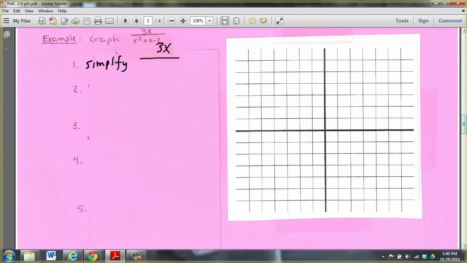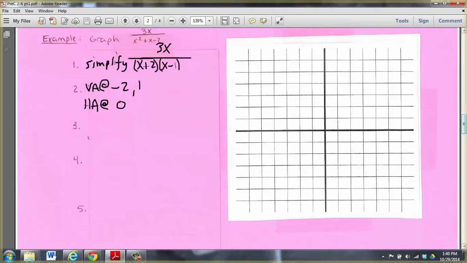The denominator is going to be (x + 2)(x - 1). That tells us that our vertical asymptotes are at -2 and 1, and since the denominator power is greater than the numerator, the horizontal asymptote would be at 0.